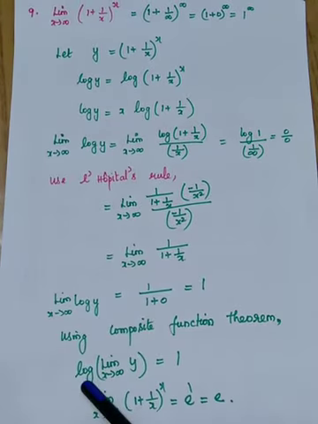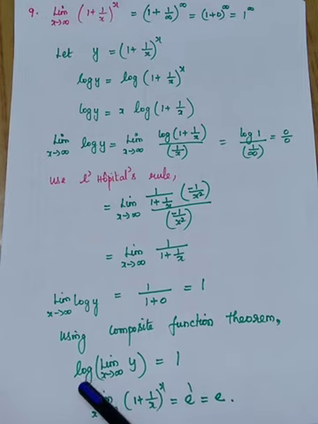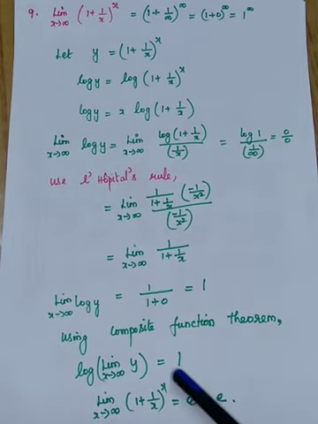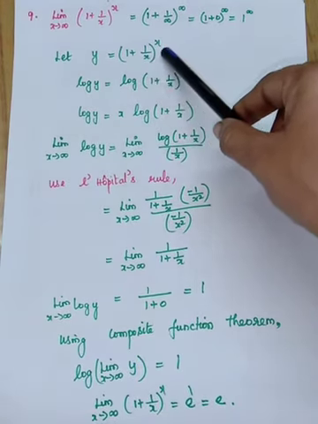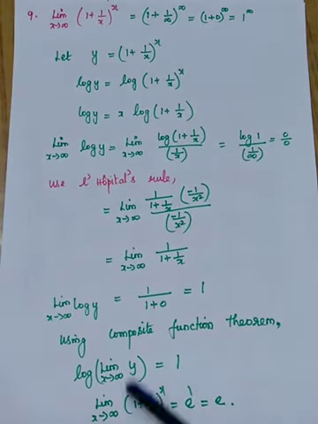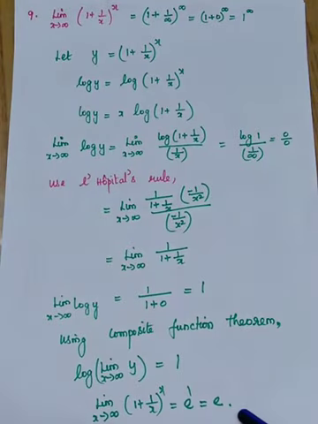So log of limit x tends to infinity y is equal to 1. So when you take the log to the right side, it is e power 1. So e power 1, the answer is e. In the place of y, you have to substitute (1 plus 1 by x) the whole power x. So look at your question. This is your question. So the answer is e.